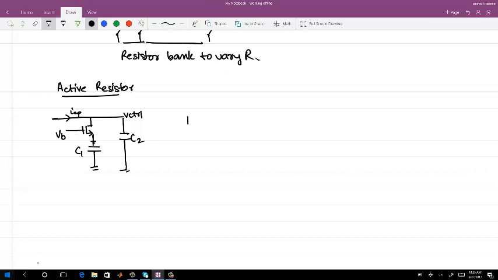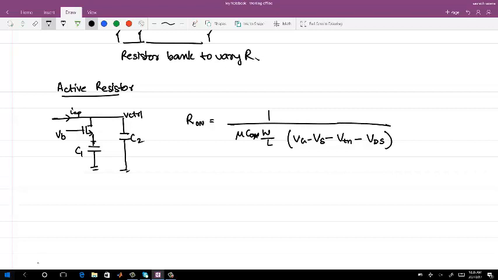And your effective resistance R is mu Cox W by L into (VGS minus VT) minus VDS.